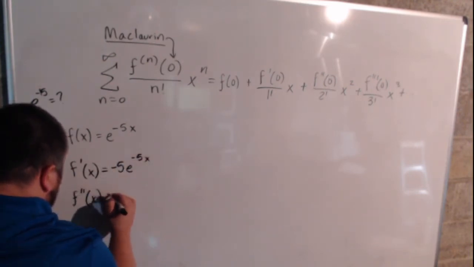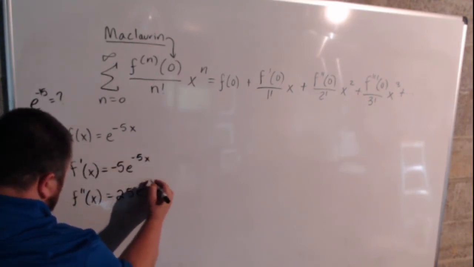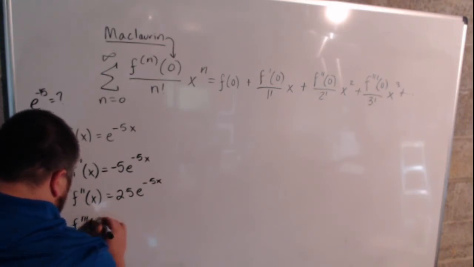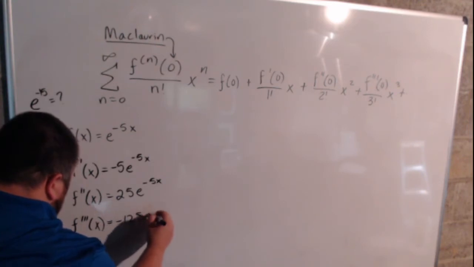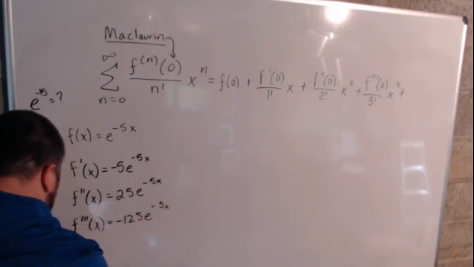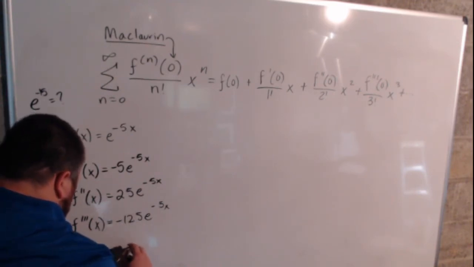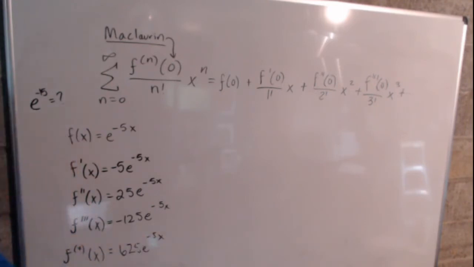Second derivative, you bring down another minus 5. Third derivative, yet another one. And if we went to the fourth derivative, this would be, what, 625? Okay.